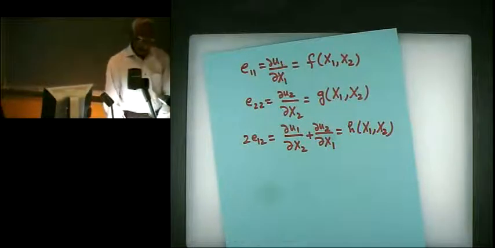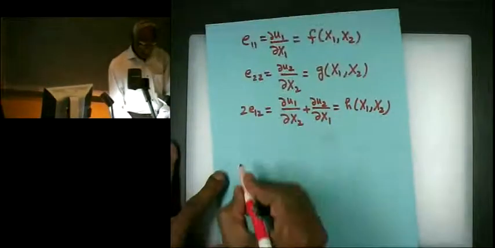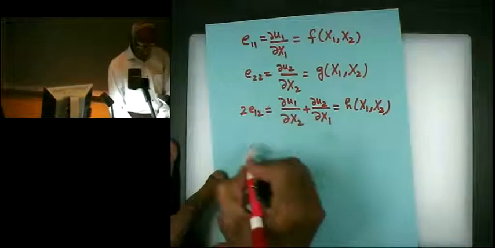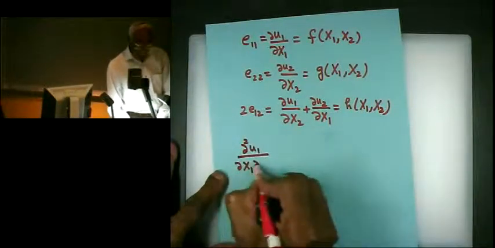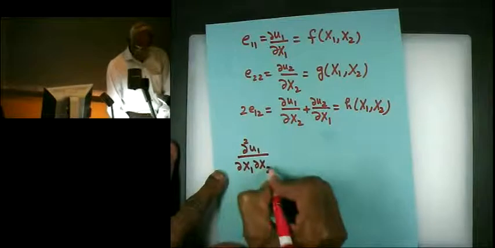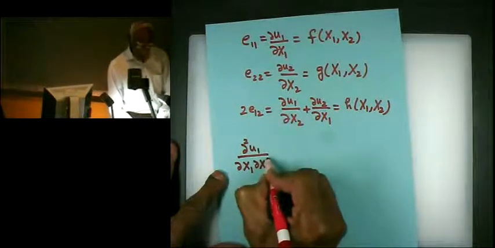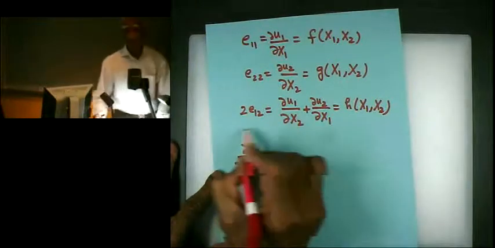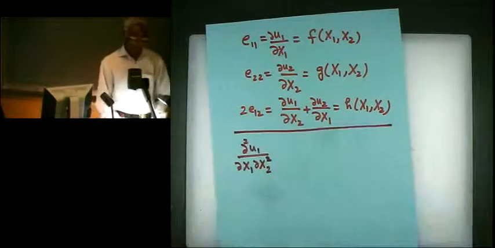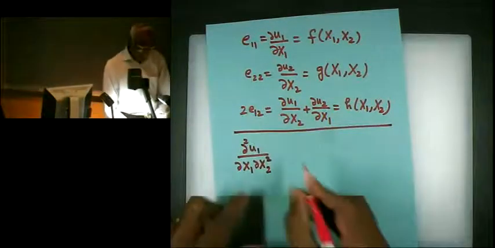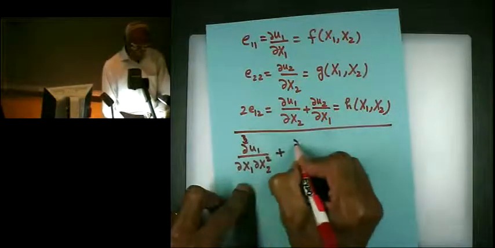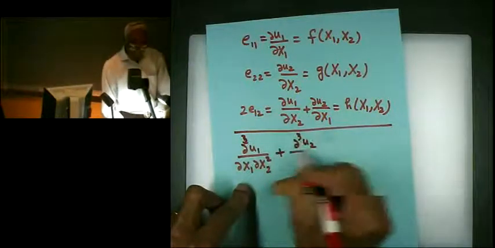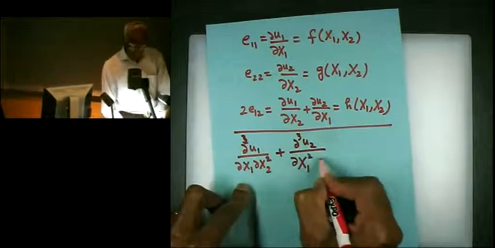And to see that equation, take the third one and differentiate it with respect to x1 and x2, plus delta cube u2 over delta x1 square delta x2.